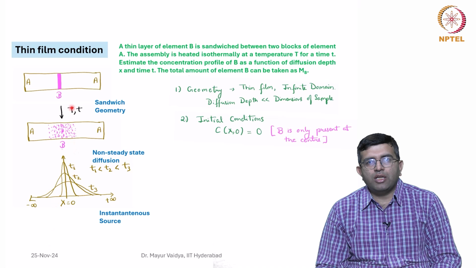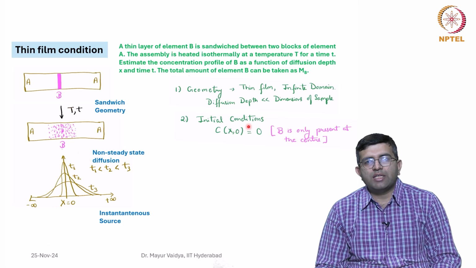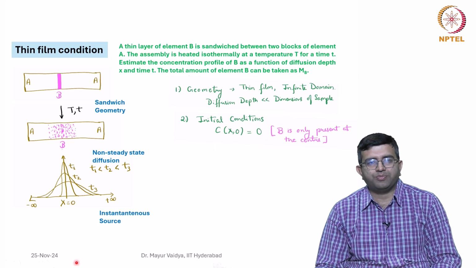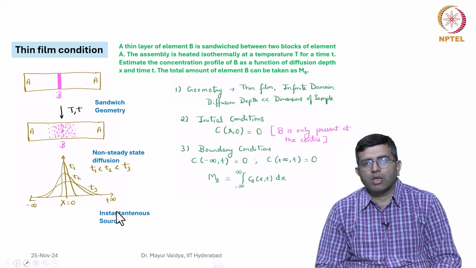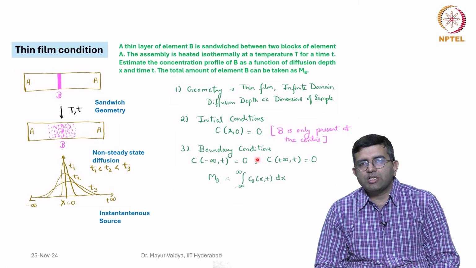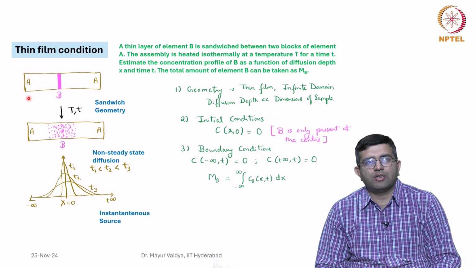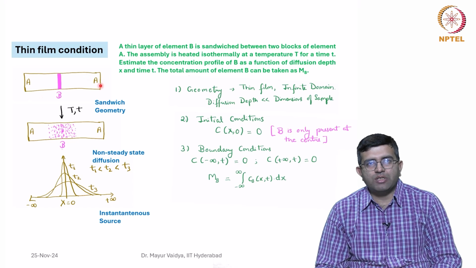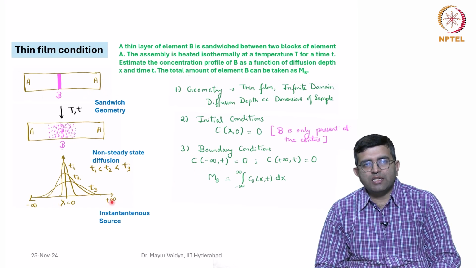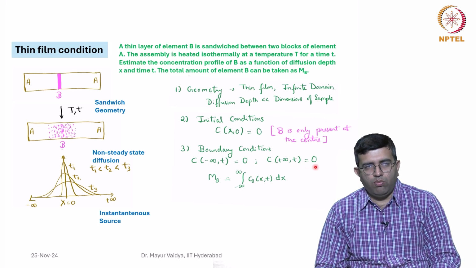Now, the initial condition is that C of x comma 0 is 0 for any x greater than 0 here. And the boundary conditions are that at the end points of the system, which are minus infinity and plus infinity, C of minus infinity comma t is 0, and C of plus infinity comma t is also equal to 0.